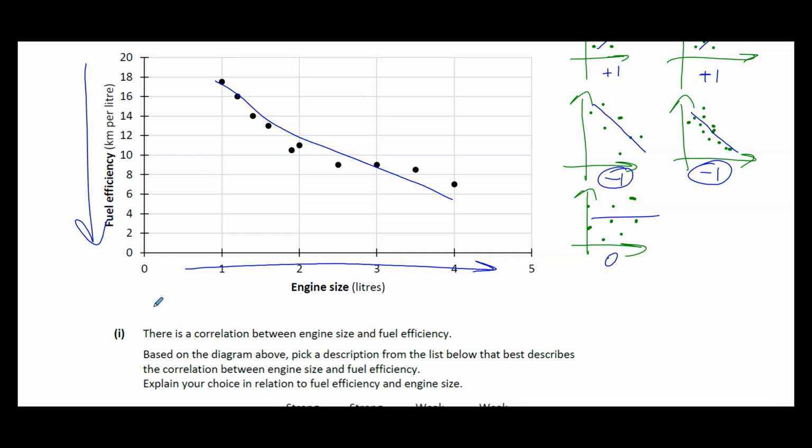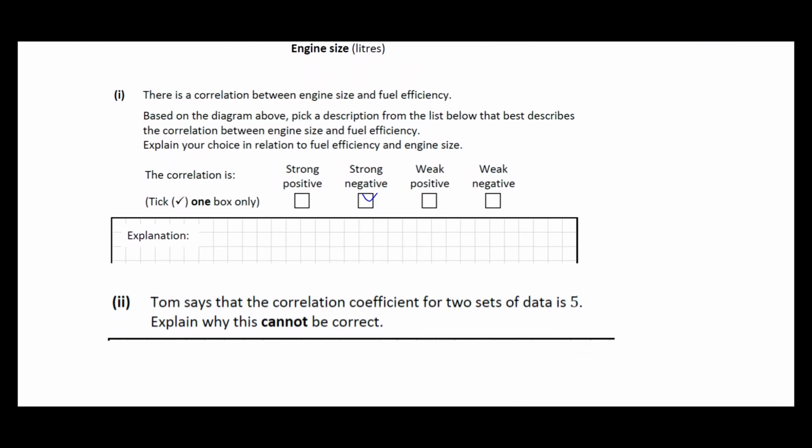That's the kind of relationship we can describe. Those engines that have the bigger size are not as efficient. If I compare this one that has almost 18 but only 1 liter, with this one here that has 4 liters, the efficiency is only about, let's say, 8. So pretty much it goes down. And that's actually how it is in life.